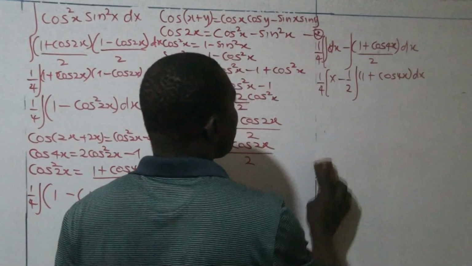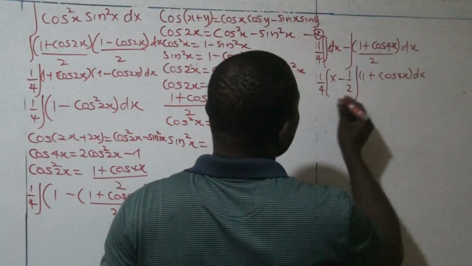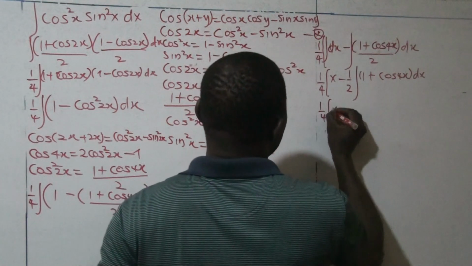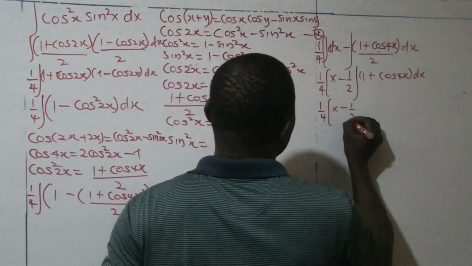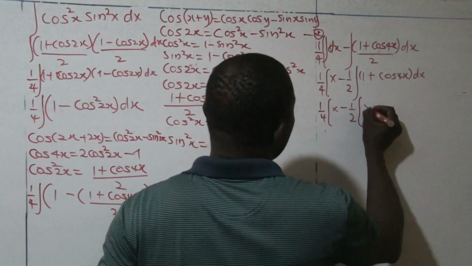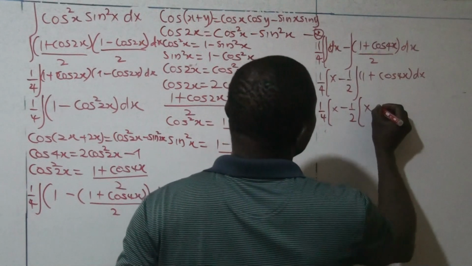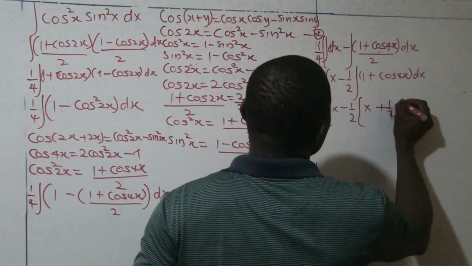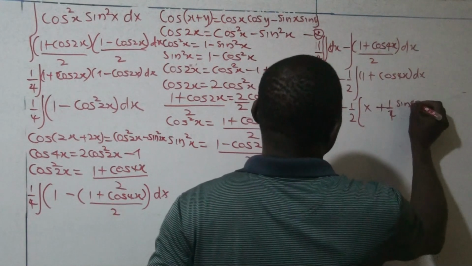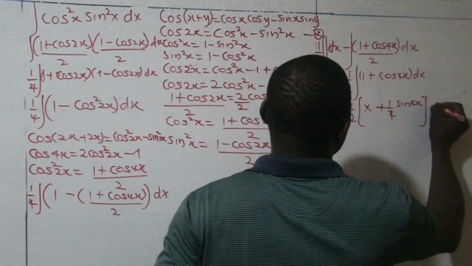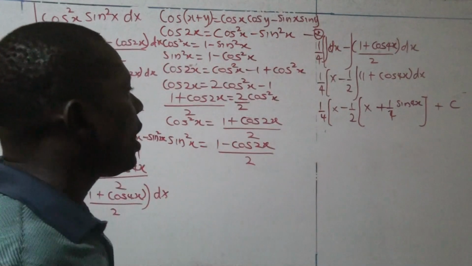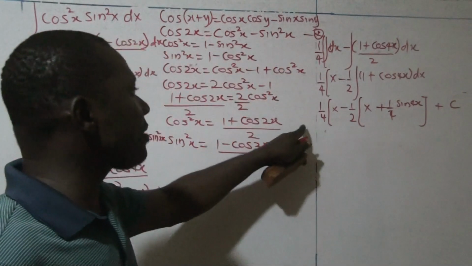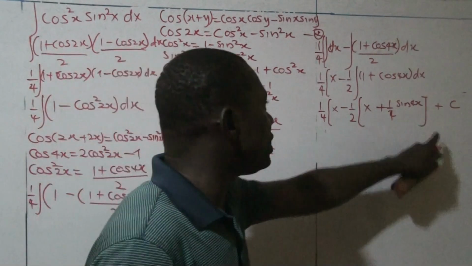So the integral of what we have here is 1 over 4 into a large bracket. I have the x here minus 1 over 2 times x plus 1 over 4 sine 4x plus a constant. We should also know that this 4 will affect the whole of this bracket because it's outside, while this 2 will affect the whole of this bracket as well.